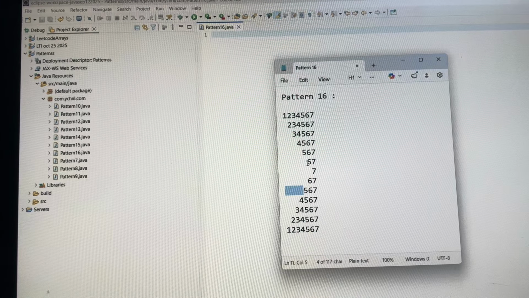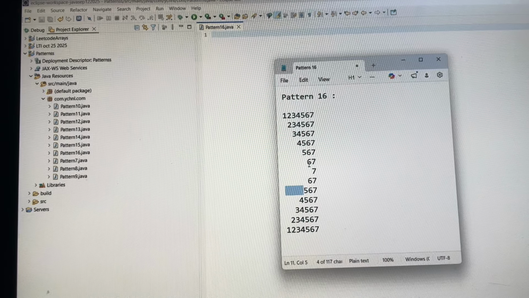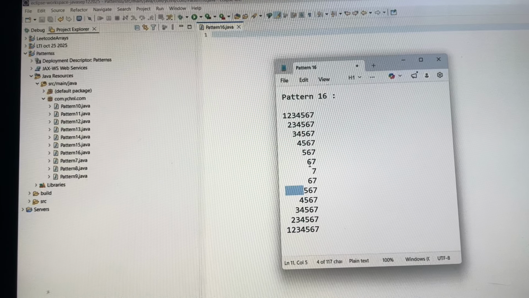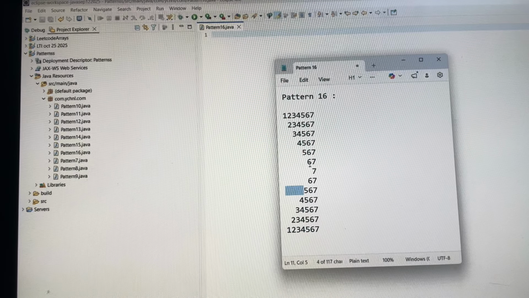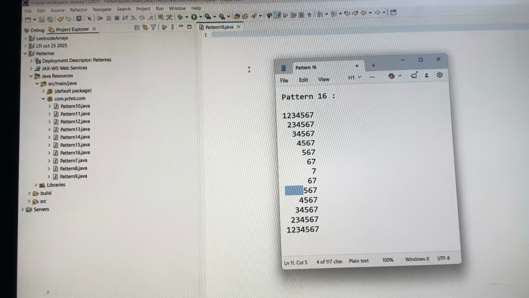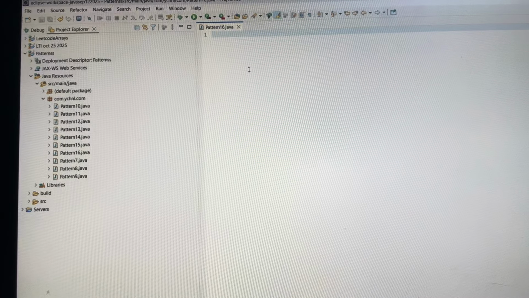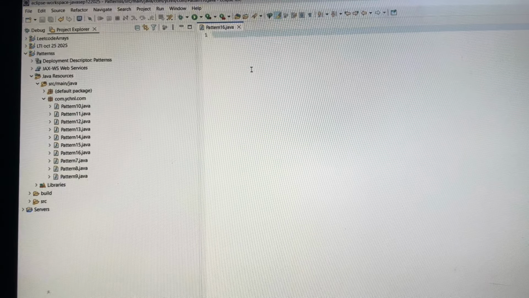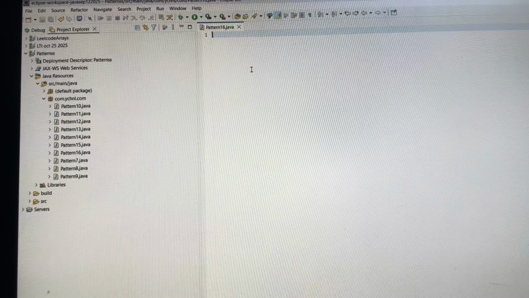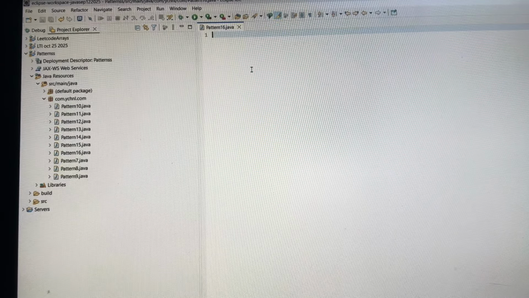Now we'll see how to write the Java program. Now I'm writing the Java program.